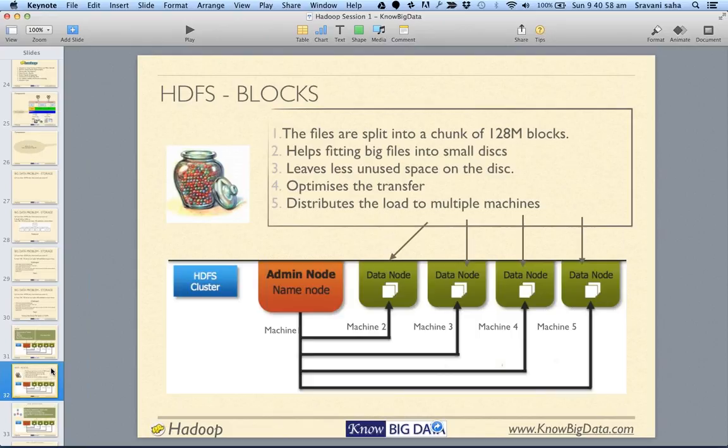The next step is, instead of storing the full files, it goes one step further. It slices the files into smaller blocks. And the size of each block is 128 MB. When you want to store a big file, it cuts those files into smaller pieces of 128 MB each and puts them into multiple data nodes.